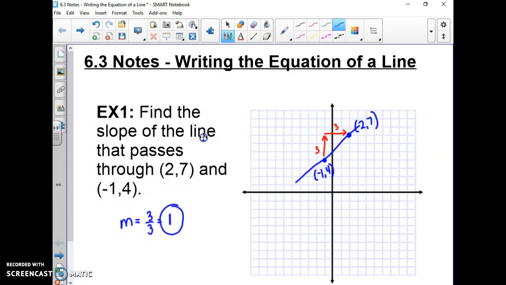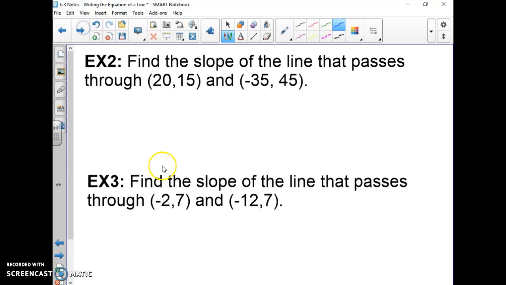Now, this is convenient whenever you have a piece of graph paper and it'll nicely fit on the graph, but that doesn't always happen. So, when we look at example 2, we've got to find the slope of the line that passes through (20, 15) and (-35, 45).